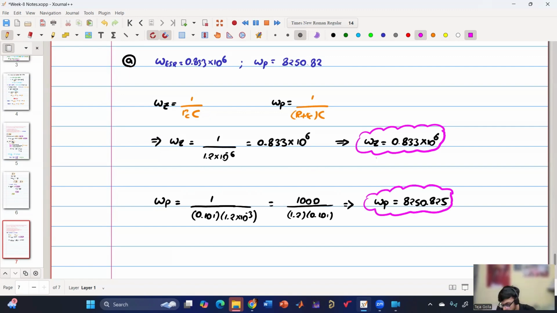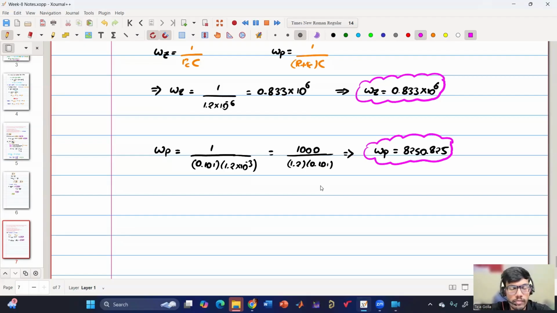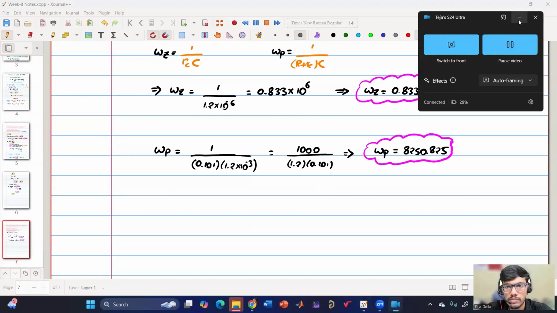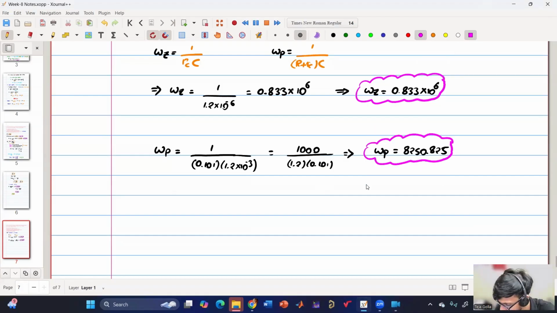So is this what everyone is getting? The expression for both? Yes, sir. Okay. So now what will be the transfer function GVC of S?